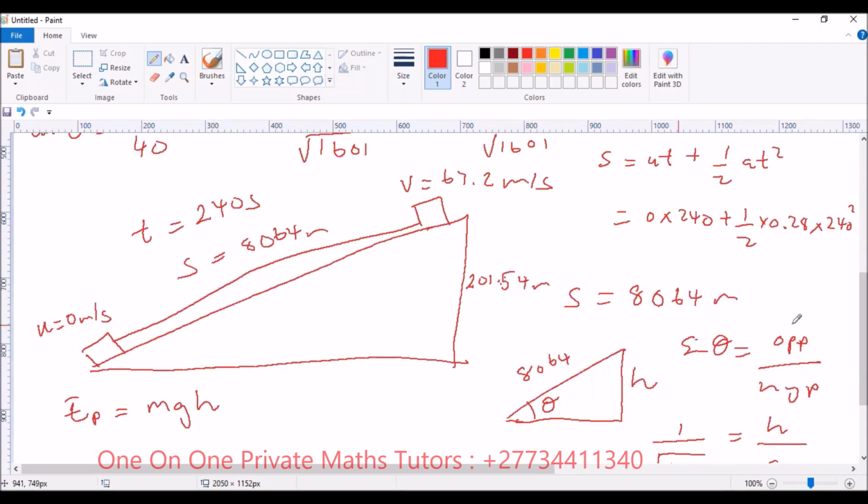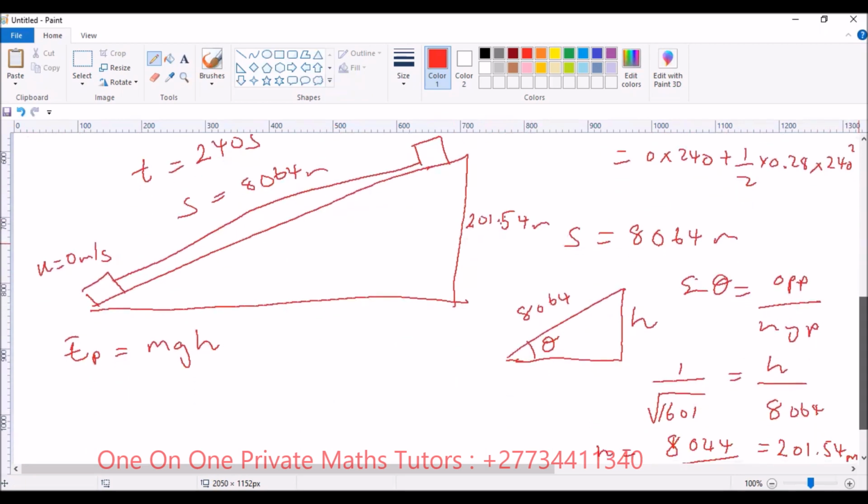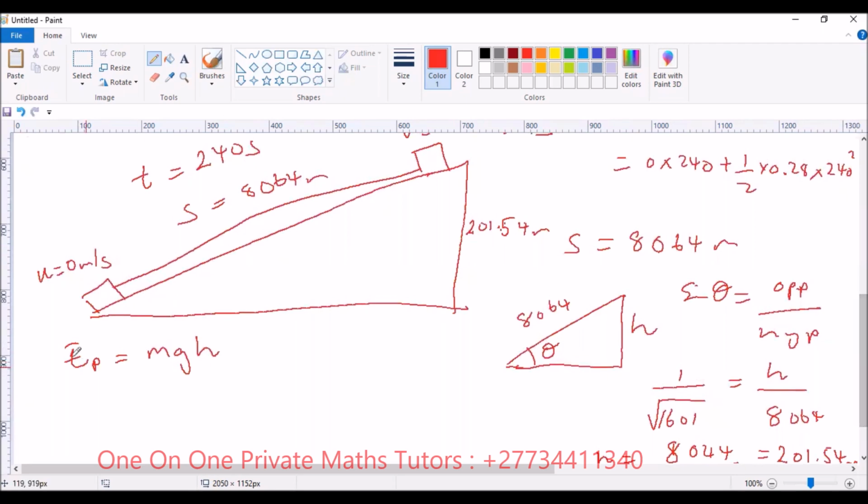All right. Now we can calculate potential energy, which is gravitational potential energy. Our mass is 850 kg from the question, times acceleration due to gravity, 9.81, times our height, which is 201.54.